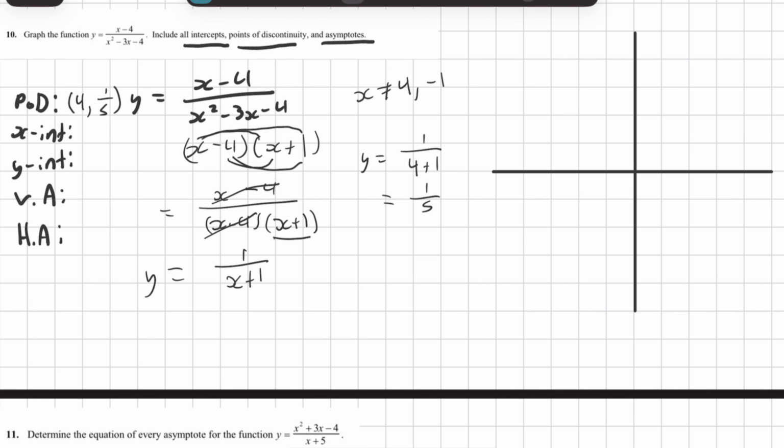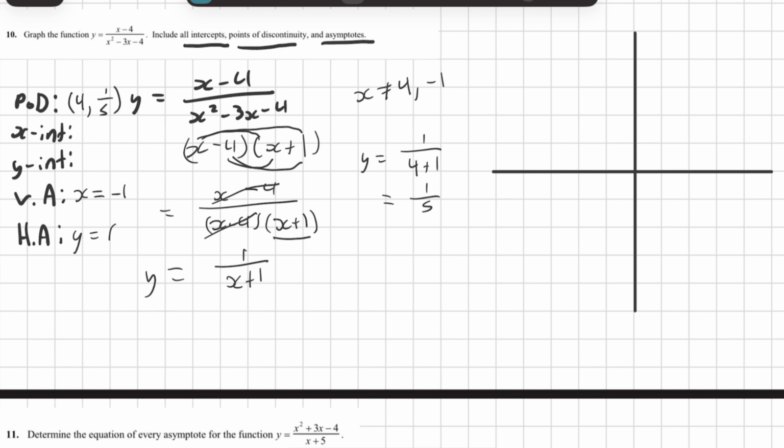Okay, now we're going to do our vertical and horizontal asymptote. We know that our vertical asymptote comes from whatever's on the bottom, and in this case, x cannot equal negative 1. So for the vertical asymptote, it's x equals negative 1. And for the horizontal asymptote, we get that from the k value, and because there's nothing there, we know the k value is 0.